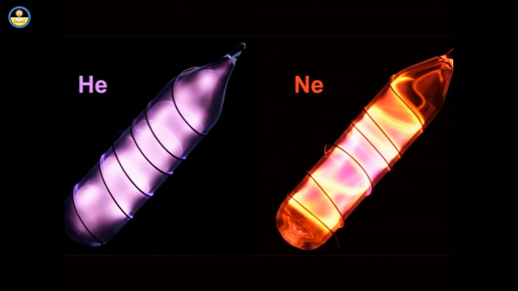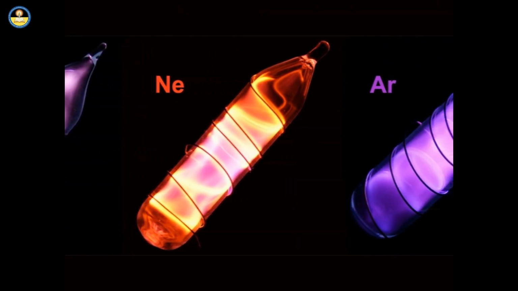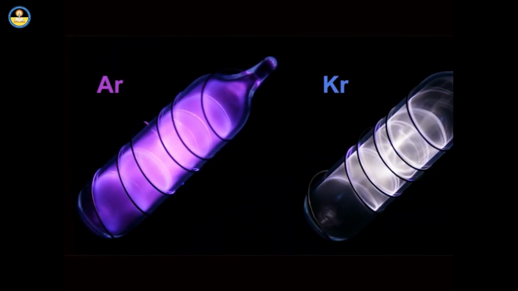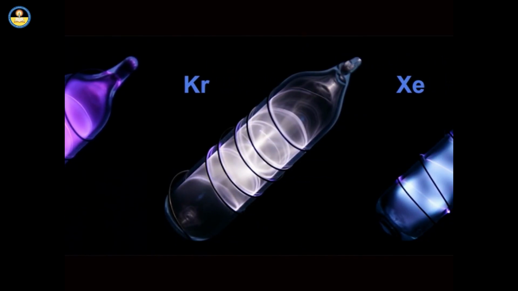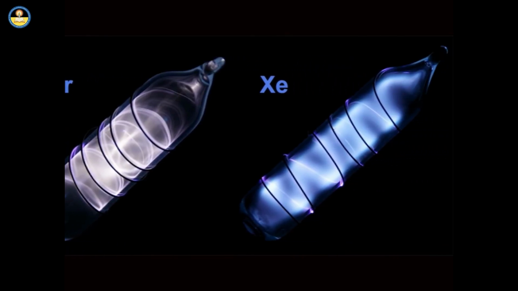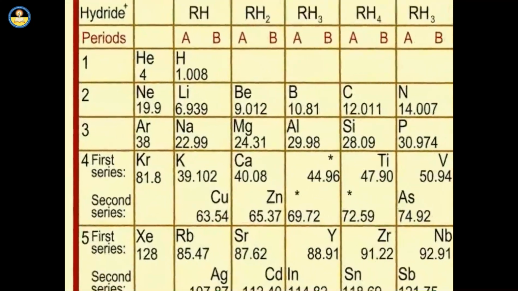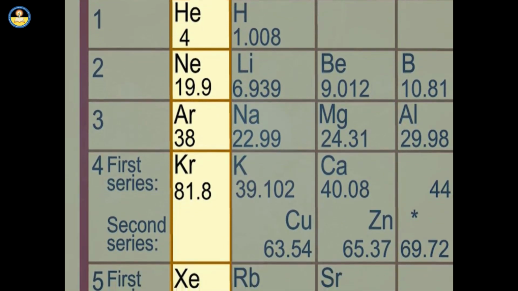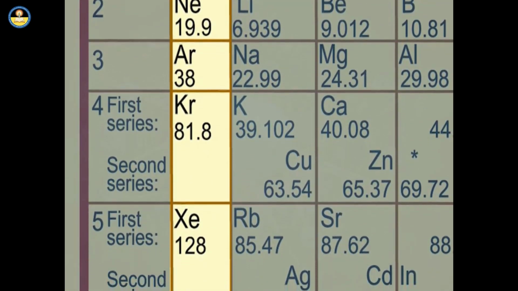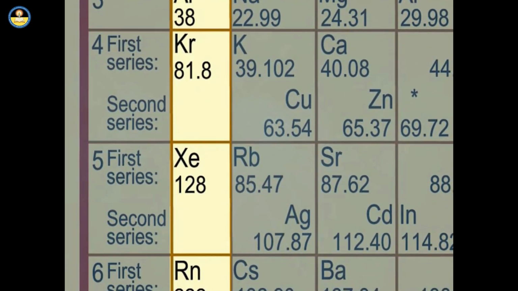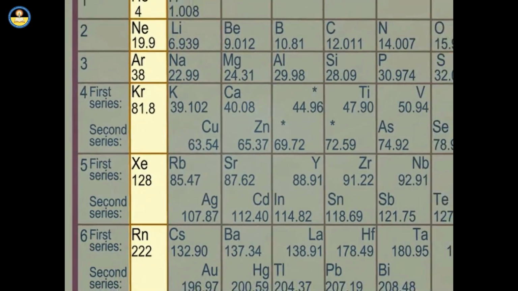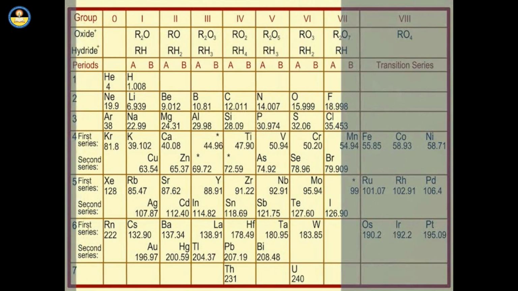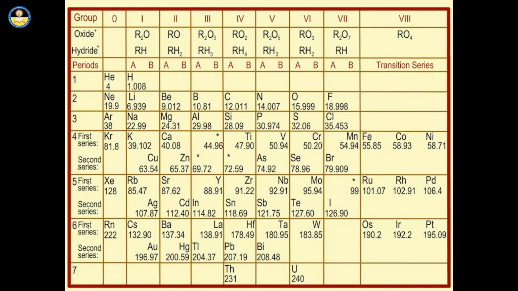These gases were discovered much later because they are very inert and are present in extremely low concentrations in our atmosphere. Another strength of the periodic table was that when these gases were discovered, around the year 1900, they could be placed in a new group called zero group without disturbing the existing order.